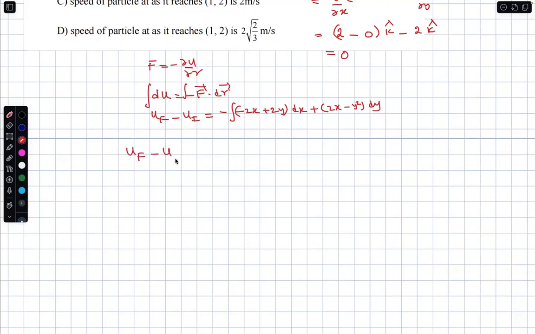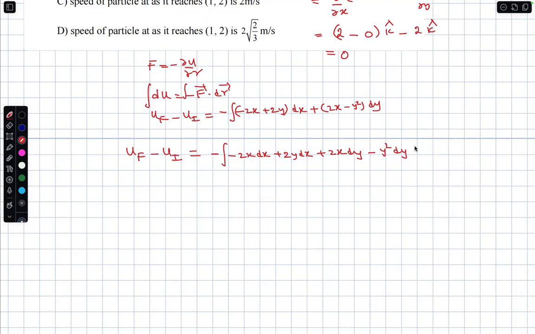U final minus U initial is minus integral of F dot dr. And limits also we will substitute later on, but let me run the show for a while. Minus 2x dx plus 2y dx plus 2x dy minus y square dy.